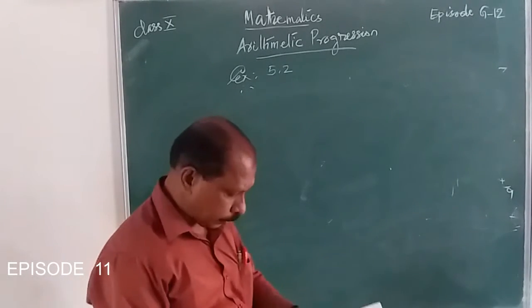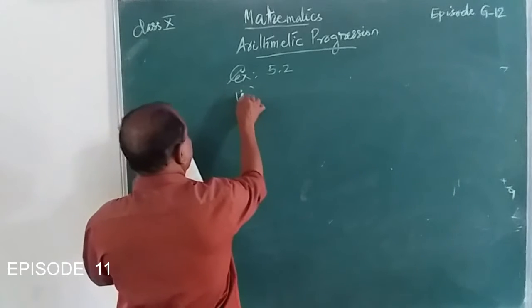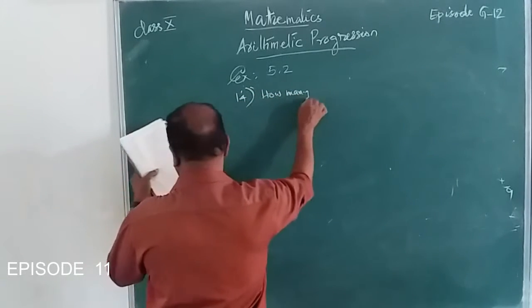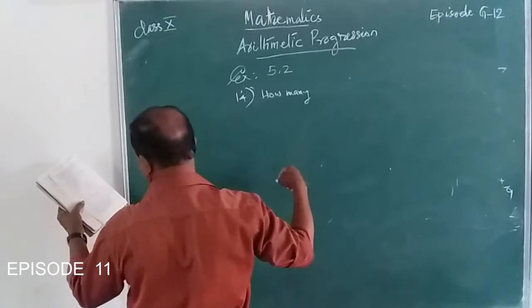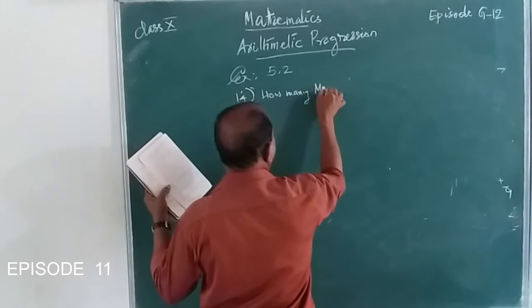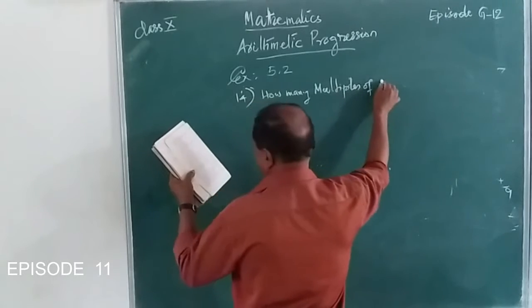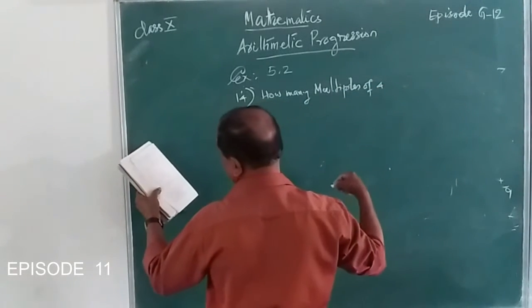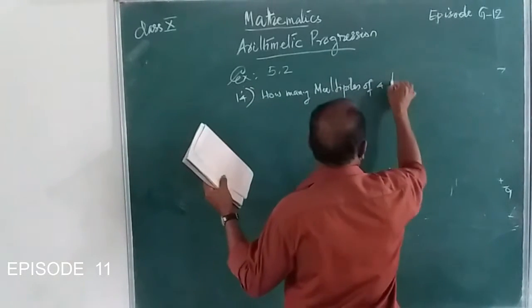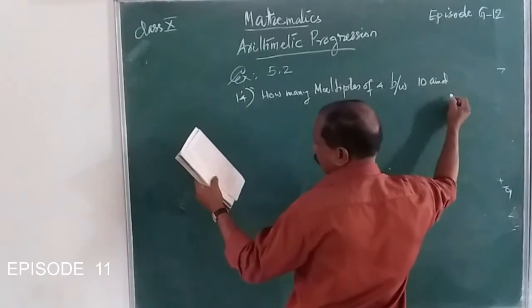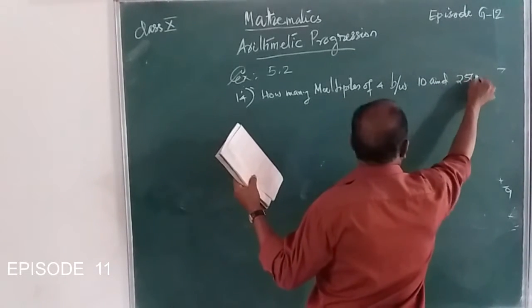Next question, question number 40. How many multiples of 4 are there between 10 and 250?